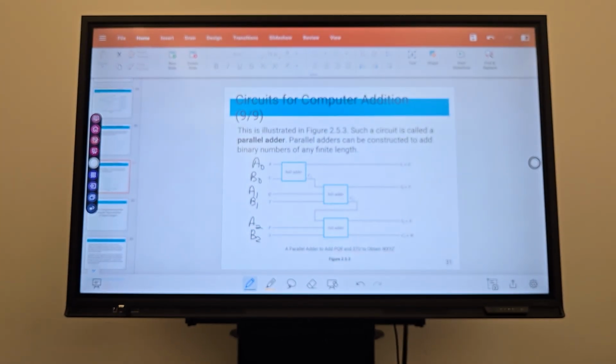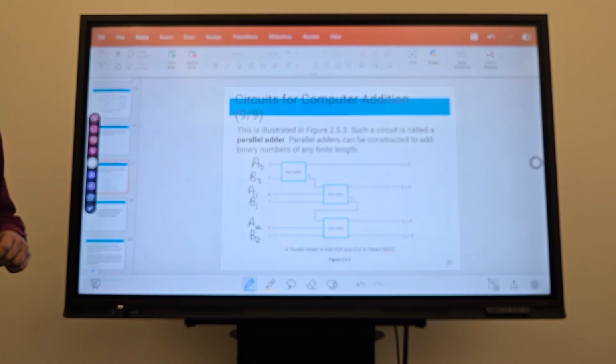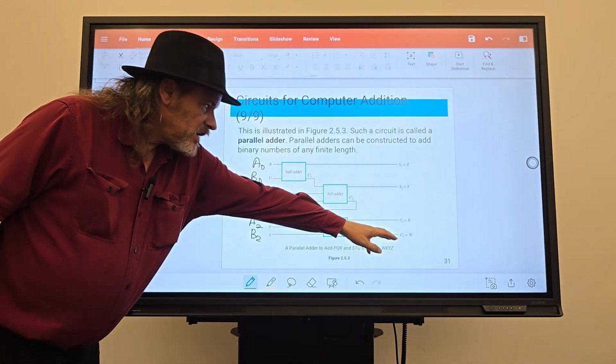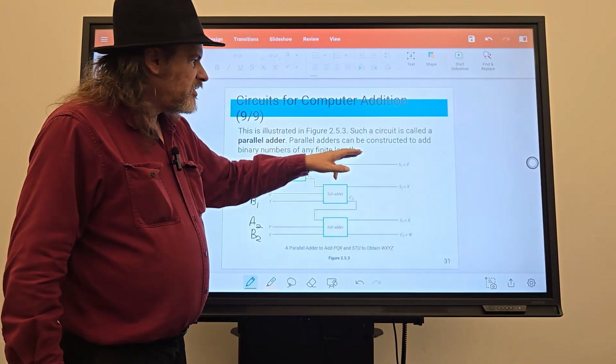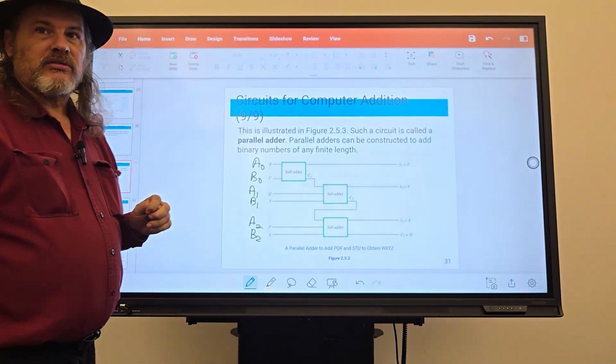But this is more commonly called a ripple adder, because this result down here is not valid until these upper results are valid.